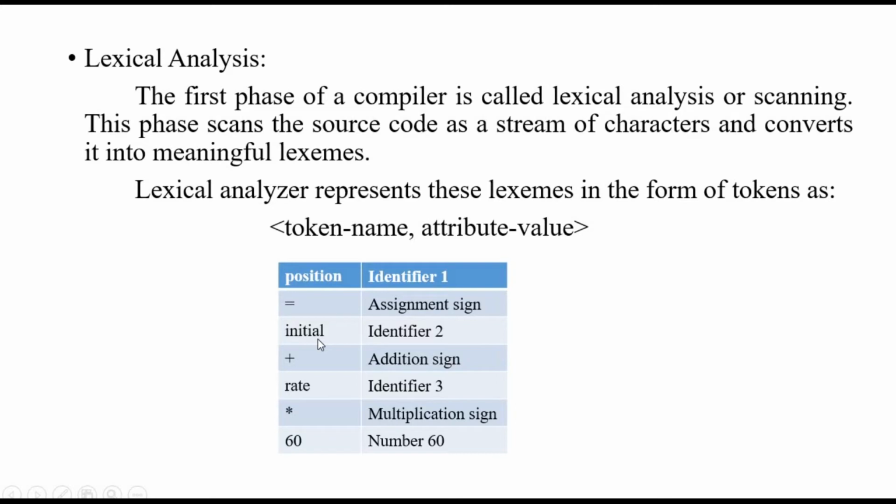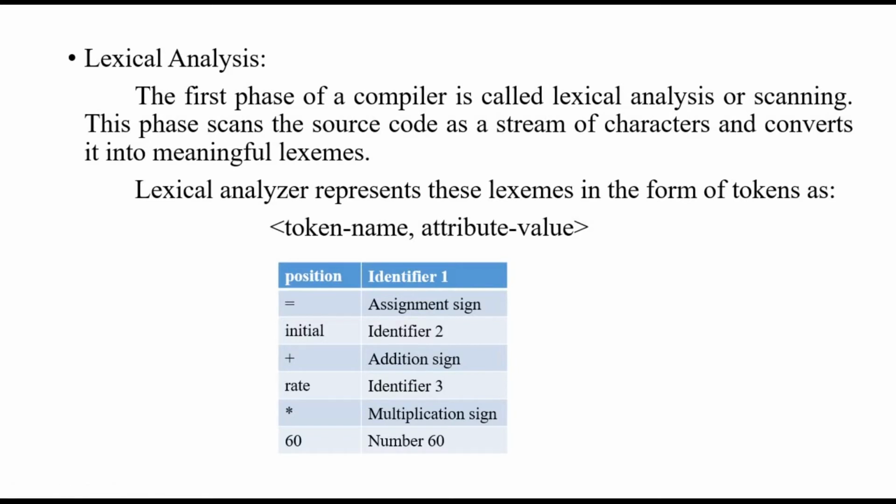Initial is also an identifier, identified as identifier 2, then plus, which is the addition sign, then rate, which is an identifier identified as identifier 3, then the multiplication sign, then here is a number, which gives the number 60.